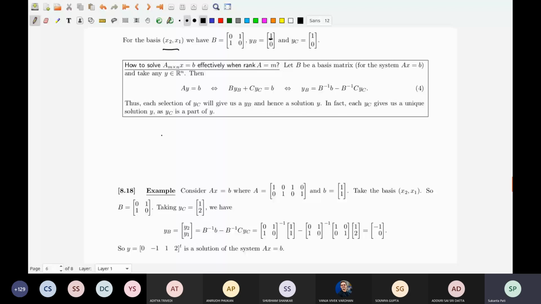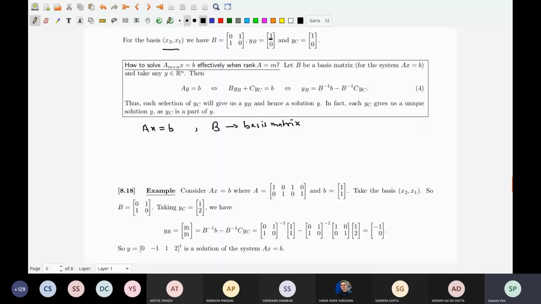Now look, if I write AX equal to b, this is my system, and suppose that I have a basis matrix B. Sometimes I will simply say basis, but mostly basis matrix. Basis is that ordered tuple, but these are related.